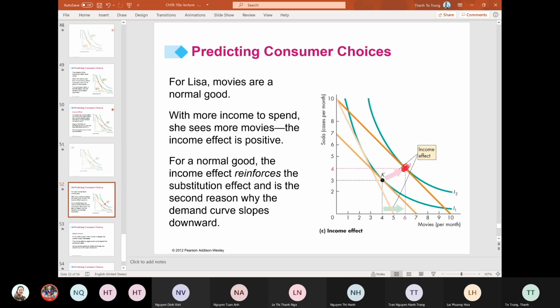Point J is not to the right of point K. J to the right of point K means that the number of movies increases, but that is only when movies are normal. Now if movies are inferior, it is not to the right of point K anymore. It should be to the left of point K, let's say point Q, something like that.